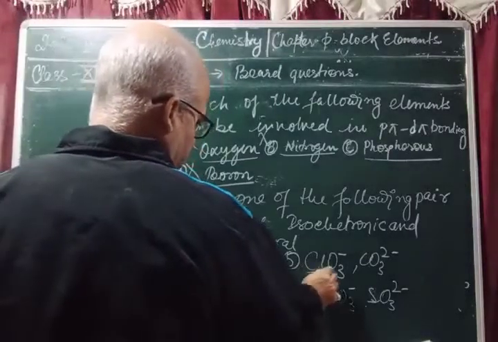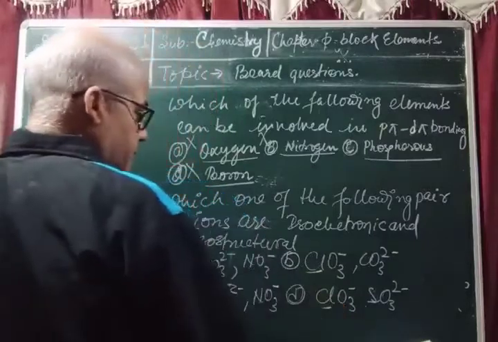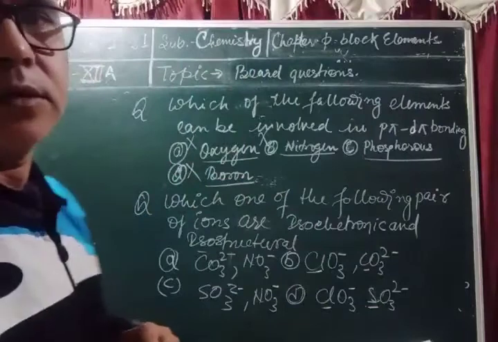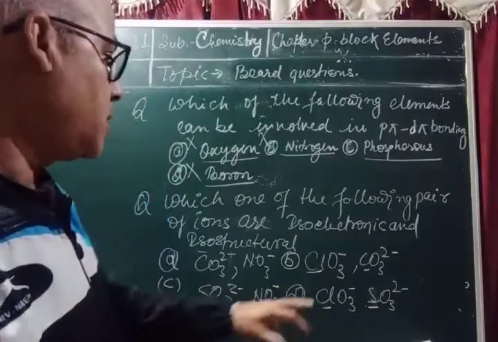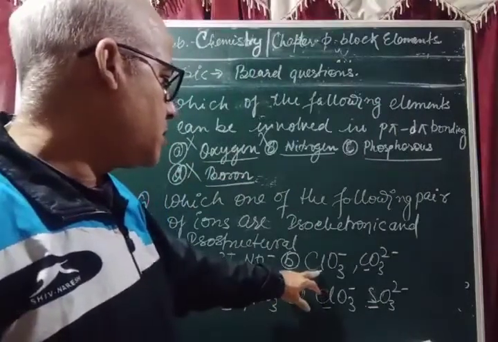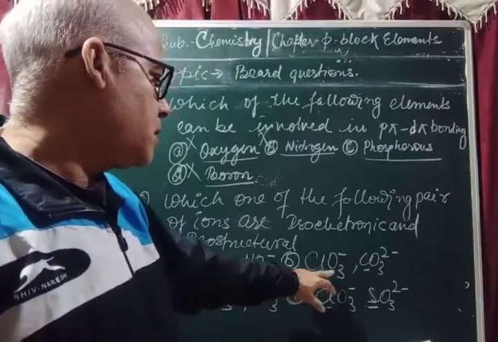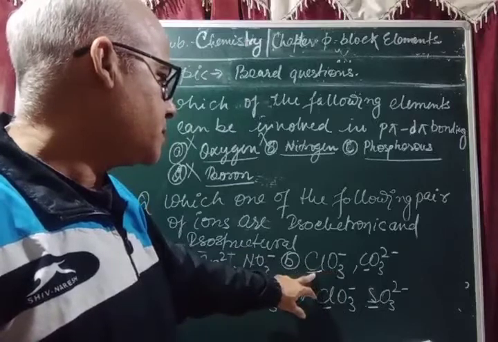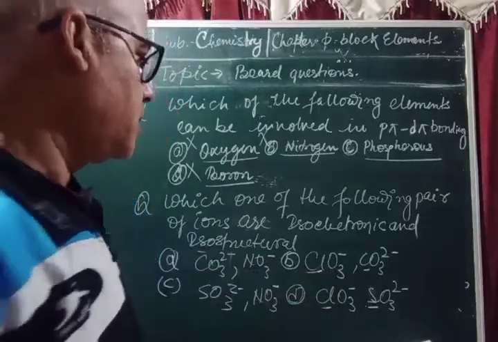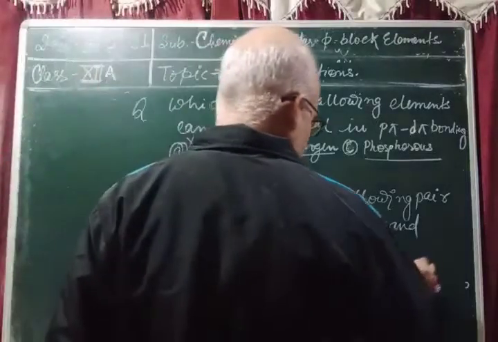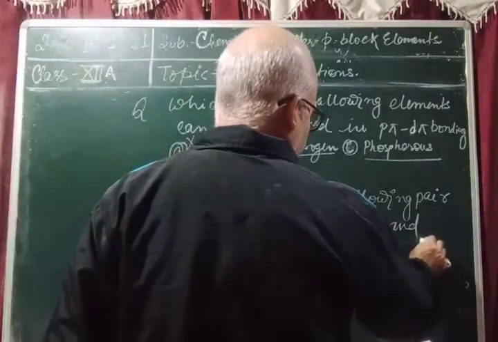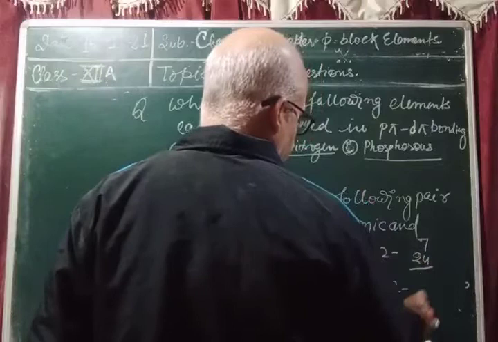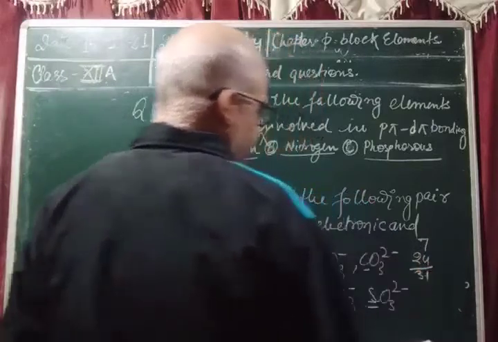See, in this case the number of electrons are different in both cases. Here is 7 and 18, 7 and 18, 7 and 24 is equal to 31.